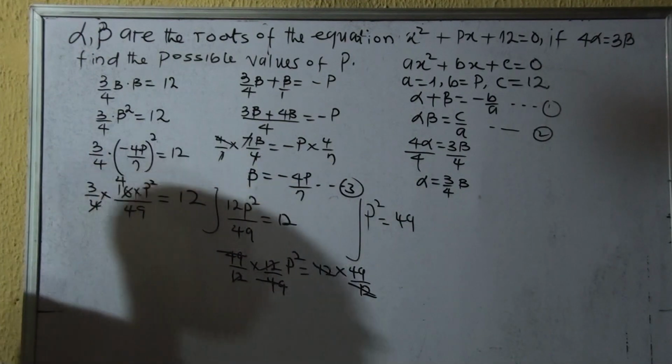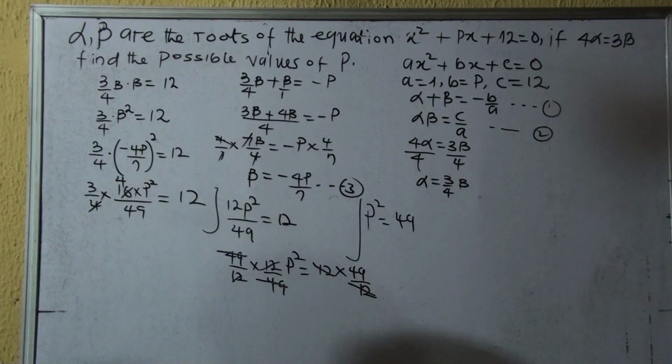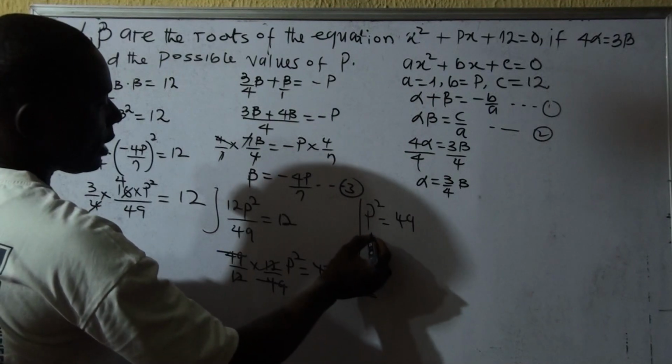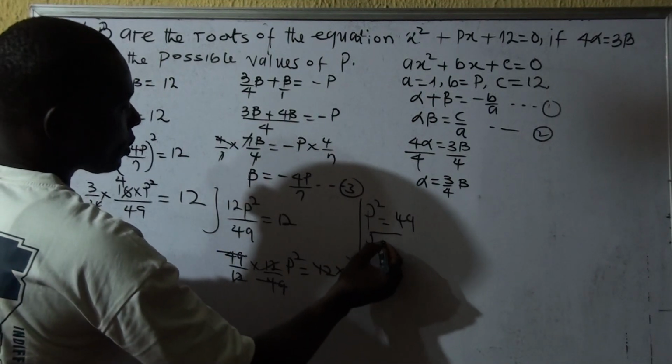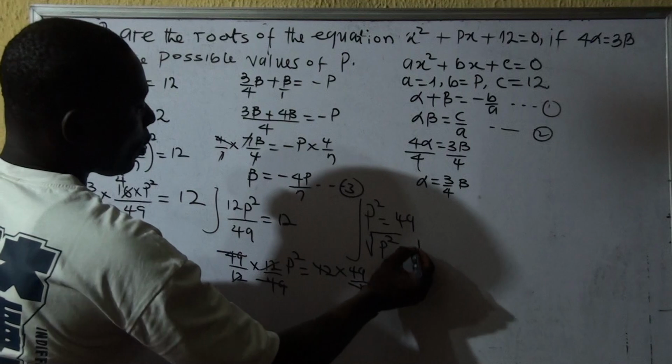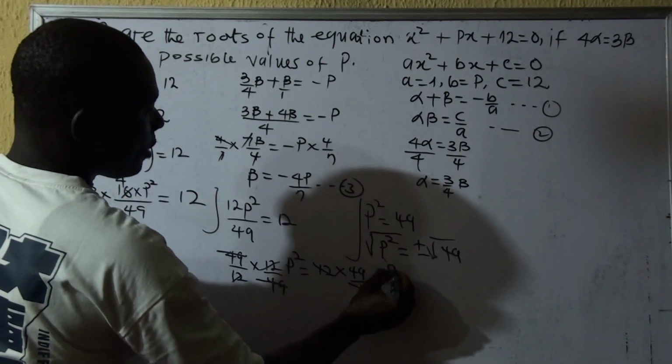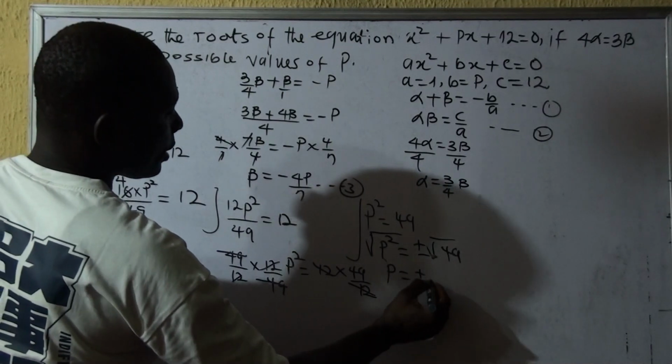For us to obtain the value of p, we take the square root of both sides. This becomes plus or minus the square root of 49, so that p is equal to plus or minus 7.